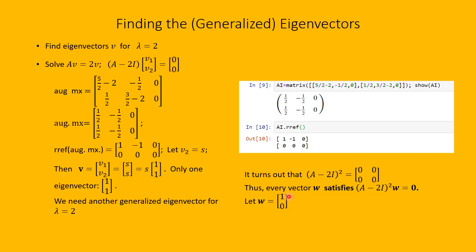You could have picked (0, 1), or you could have picked (1, minus 1) for the two components. You could not pick, for instance, (2, 2), because that would be a multiple of this eigenvector we already found. Anything except a multiple of this eigenvector, and also not the 0 vector, we could let be our value of W.